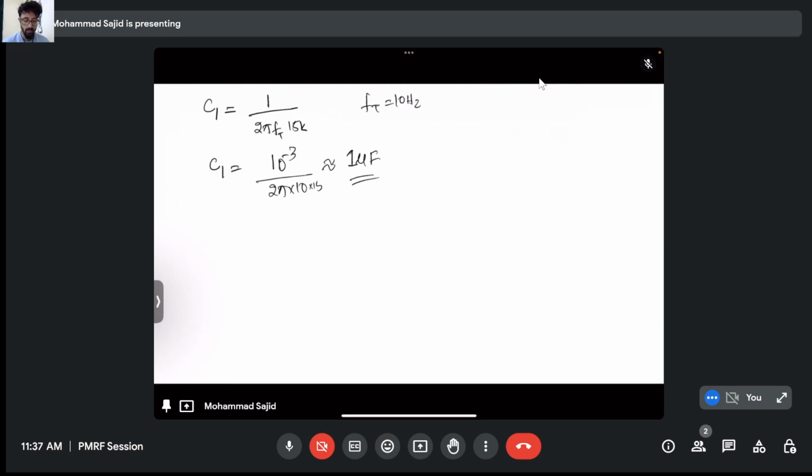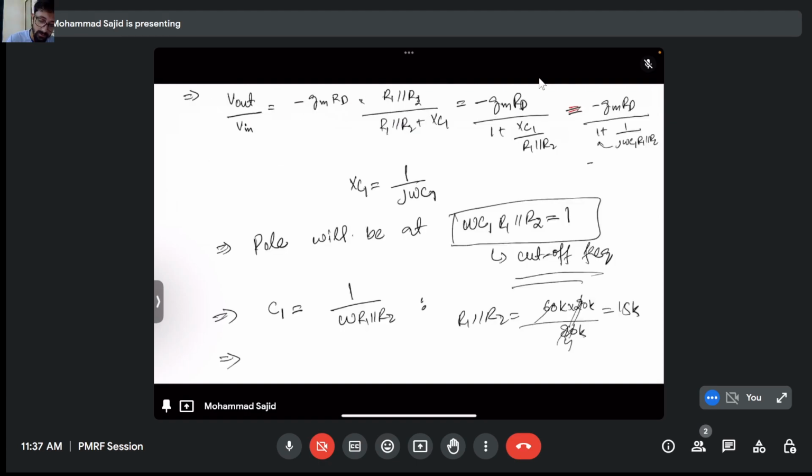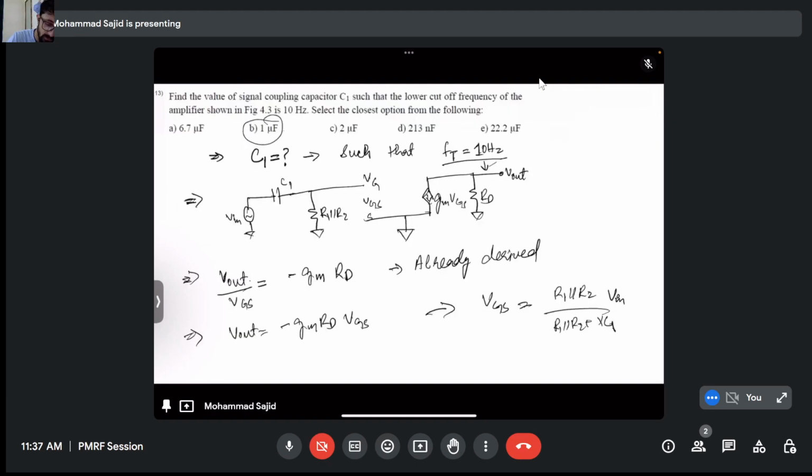Yes, it comes out to be 1 microfarad. So this is how you find the cutoff frequency of the amplifier.